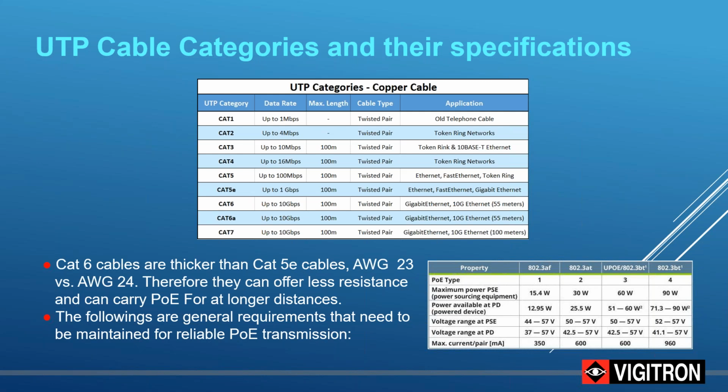Notice I eliminated Cat5 because that's not really sold anymore. And the differences between them have to do with the gauge of the wire. Quite often we're asked, what's the difference between the specifications of Cat5E and Cat6 in terms of performance? Well, first of all, Vigitron products are always designed to work at the lowest end of it. So right now, our standard for testing and determining different distances is based on Cat5E.